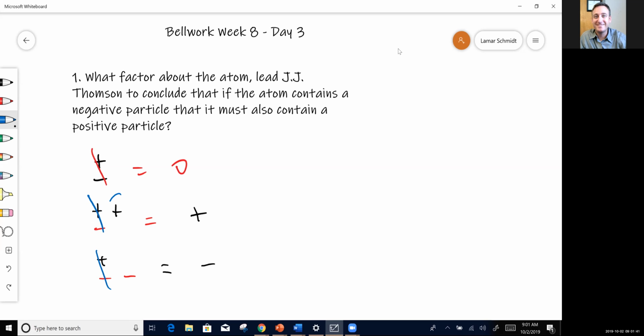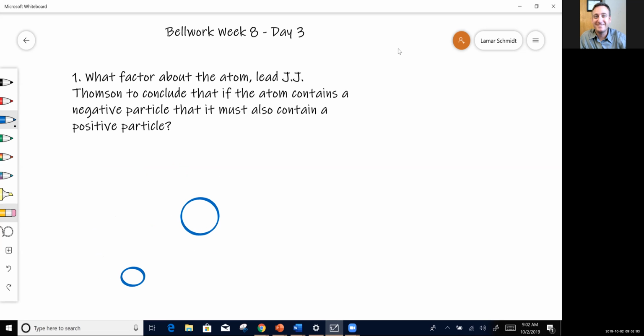You're left with a positive, and you have a positive in your answer. You're left with a negative, and you have a negative in your answer. So if you had something that is negative in the atom, then there must be something positive if the atom is going to have a 0 or neutral charge. Okay, and so that's all there is to that.